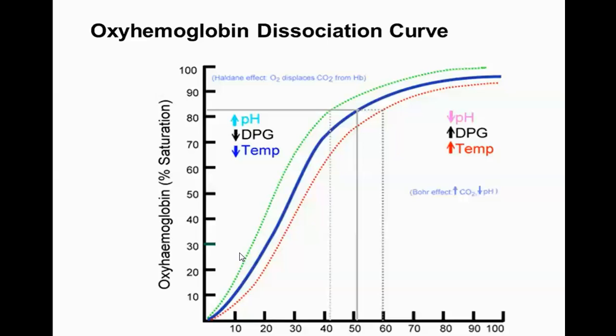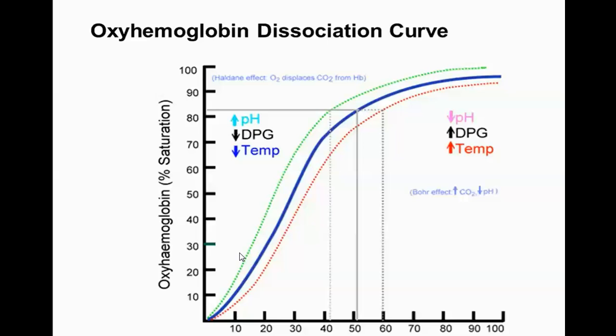And then we discussed that there is a shift to the left and a shift to the right. Shift to the left, as we said: if we have 80% of hemoglobin saturated, how much PO2 is needed to saturate this amount of hemoglobin?